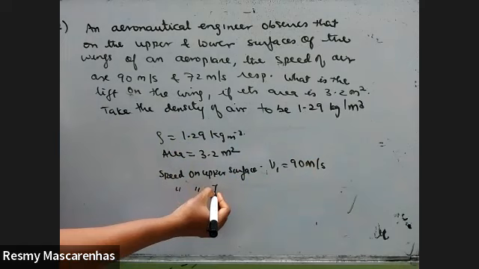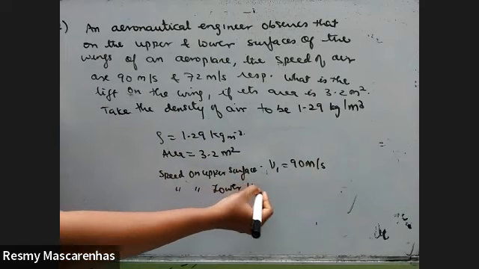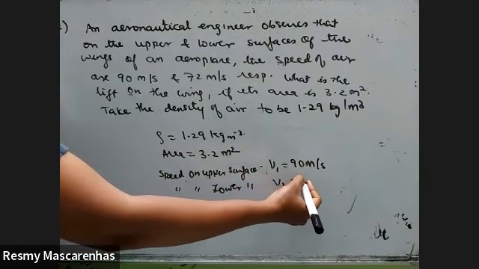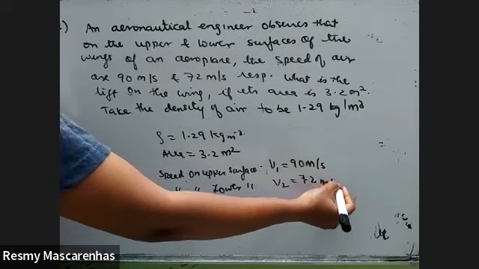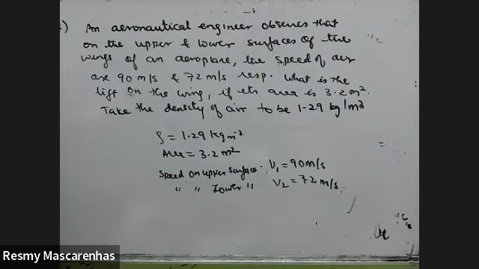Speed on the lower surface of the wing is given as 72 meters per second. Okay, this is actually based on Bernoulli.